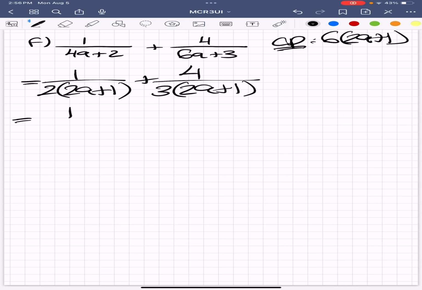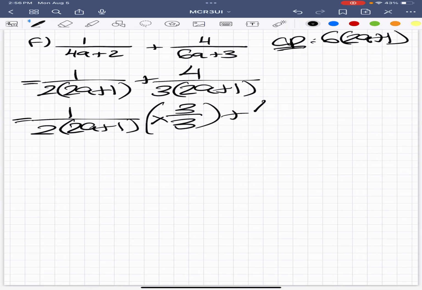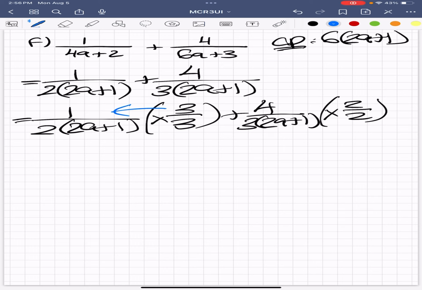So we're going to multiply each piece by the correct conjugate: 3 over 3, plus 4 over 3(2a plus 1) times 2 over 2. We multiply the numerator and the denominator by 3 over 3, and then we multiply the numerator and the denominator by 2 over 2.